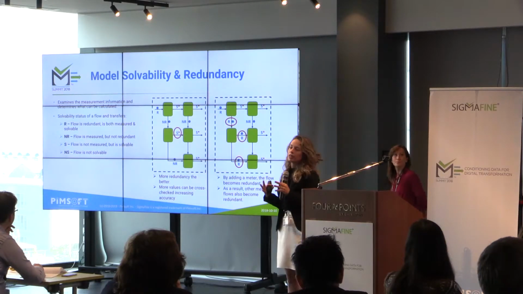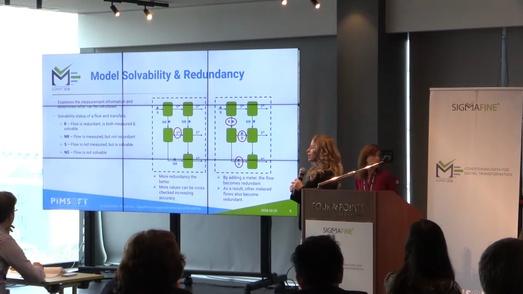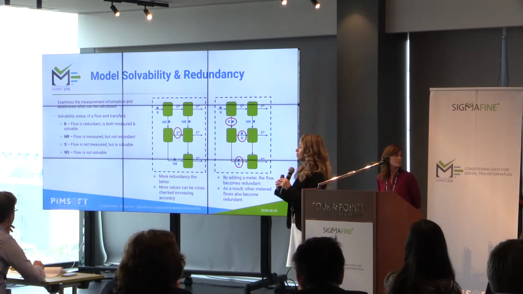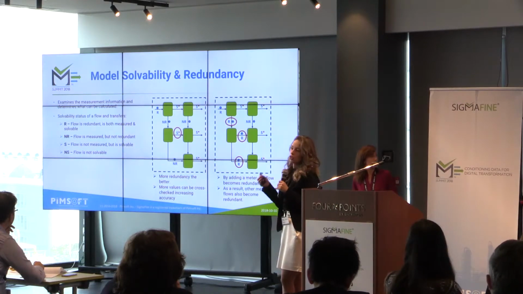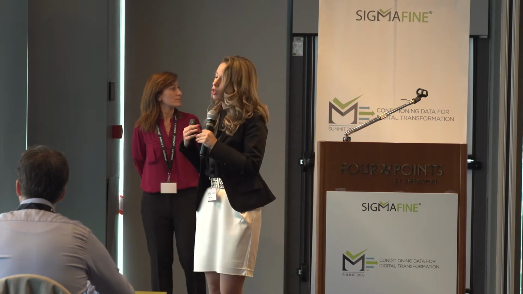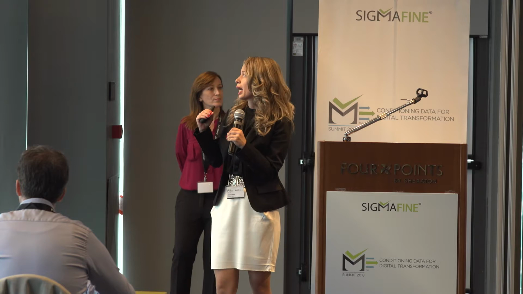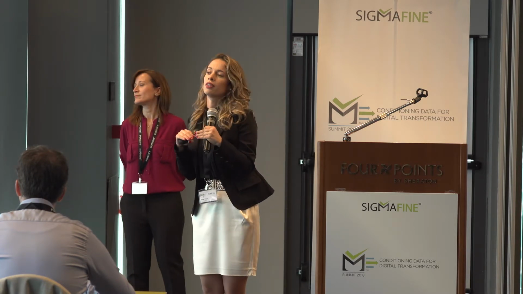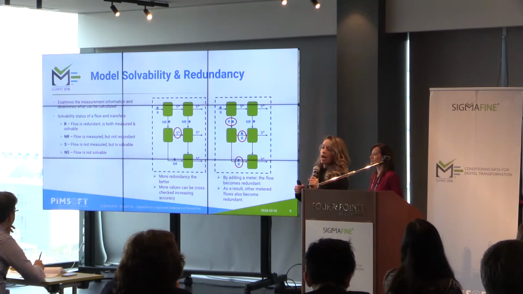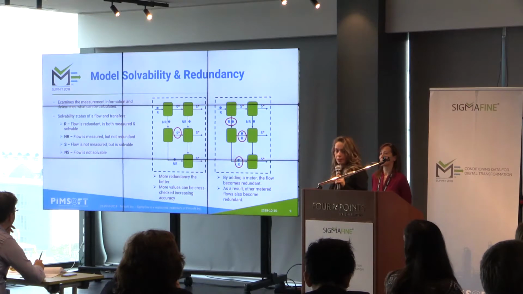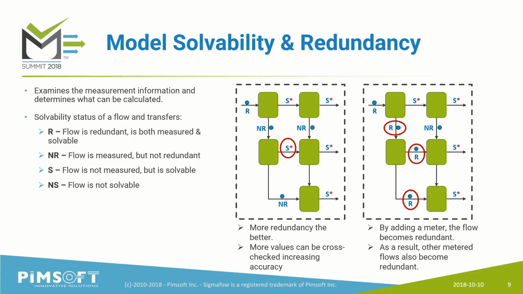The solvability gives you an idea if, for example, a measurement that is not present on a flow can be calculated or not. Of course, this measurement can be calculated only if enough of the surrounding flows are measured. For elements that are marked as auto-service, the solvability will not calculate it.